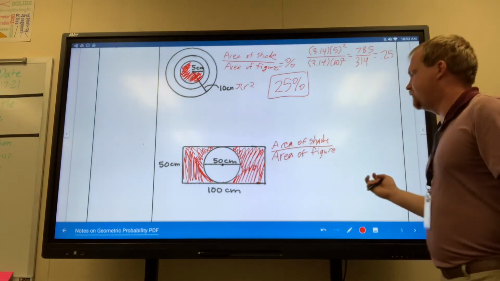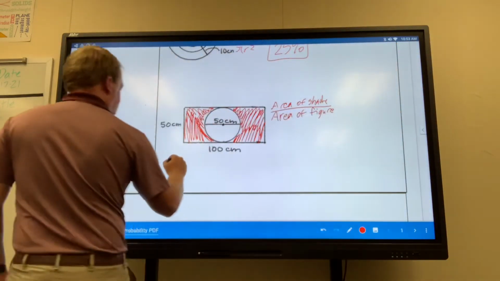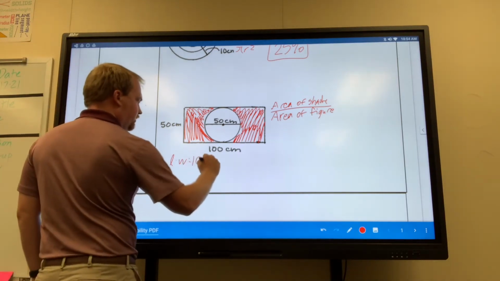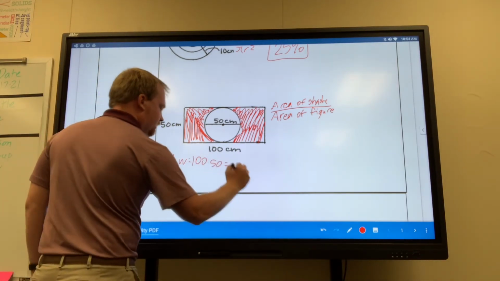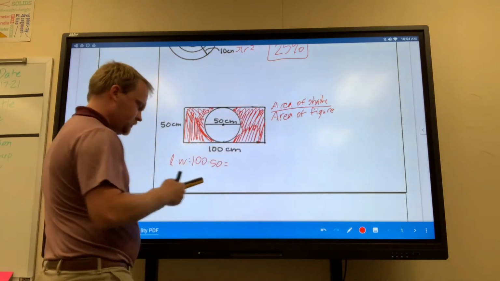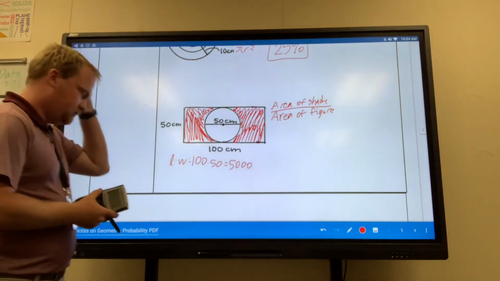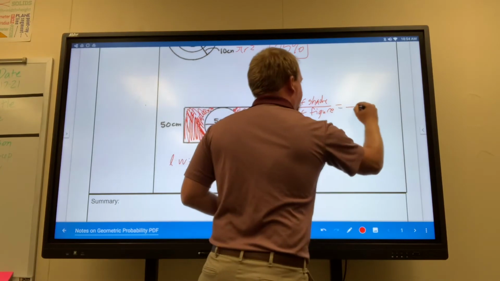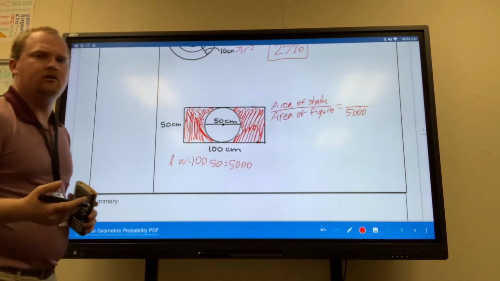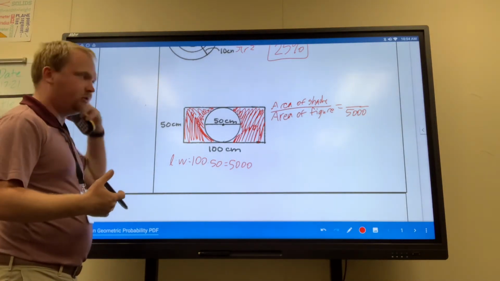I can initially find the total area using length times width easily. The length is 100, width is 50, and that's going to give me 5,000. So the area of the whole figure is about 5,000 centimeters squared. But I'm looking at the percentage, so I don't have to worry about measurements too much.